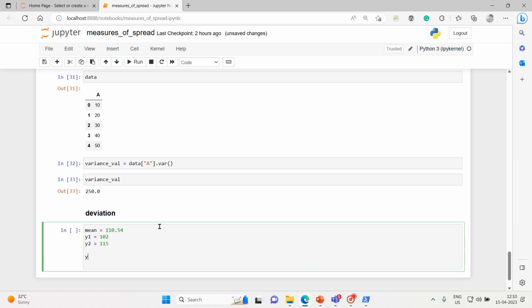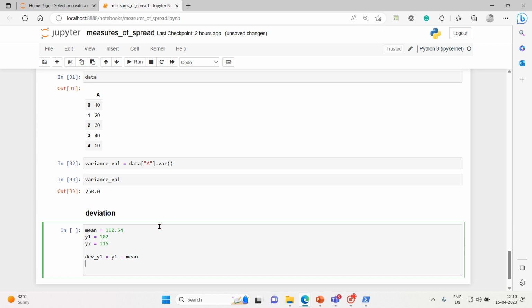So the deviation for y1 is equal to y1 minus mean.